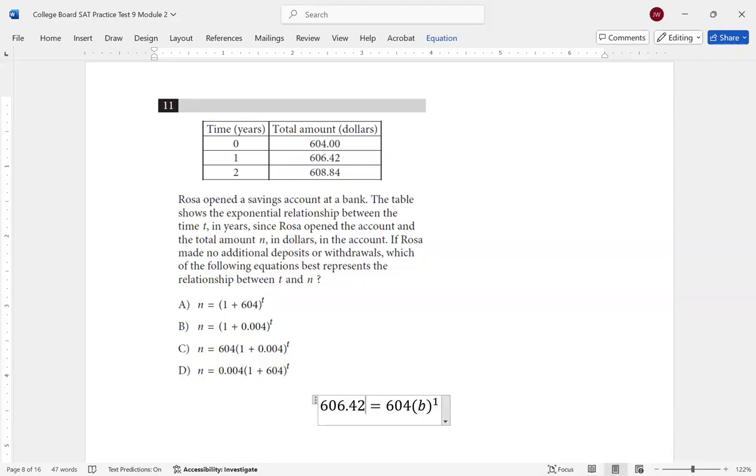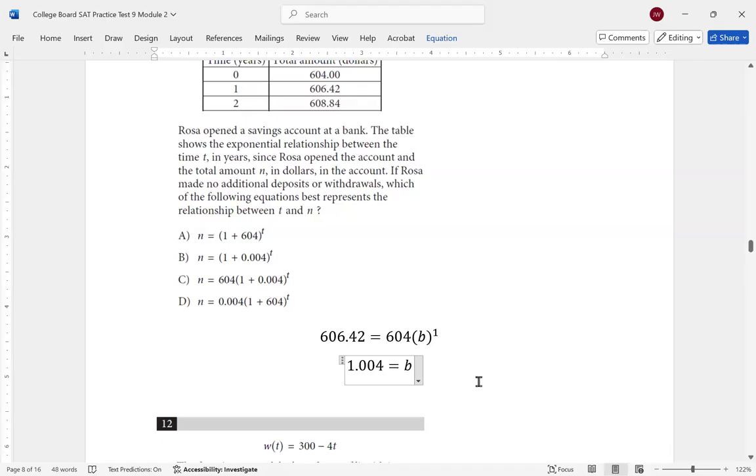When you take 606.42 and divide it by 604, you get 1.004. So we get base raised to the first power is 1.004 roughly. The base raised to the first power is just the base itself.